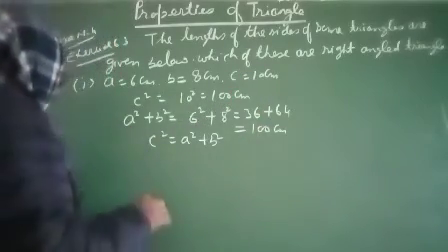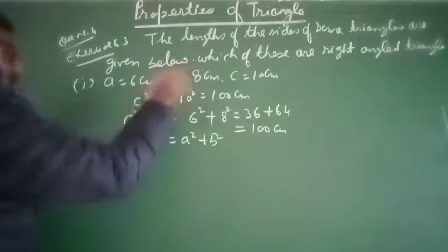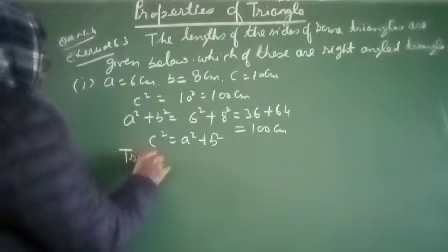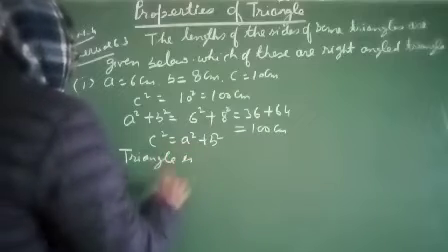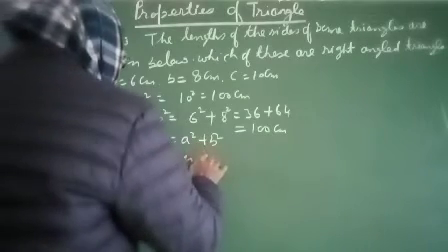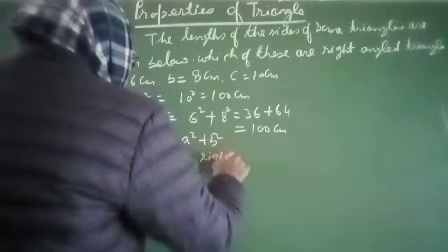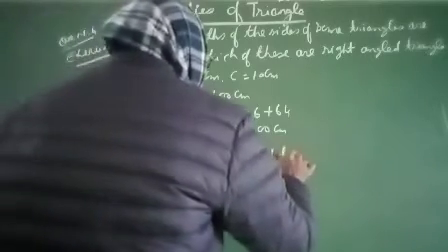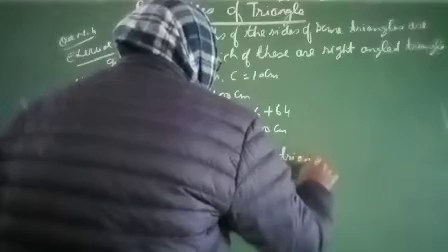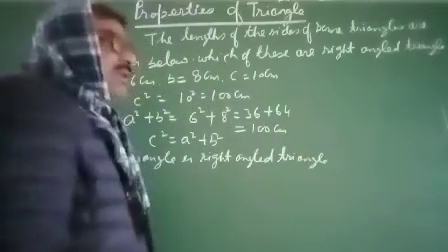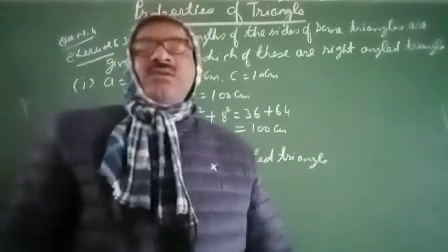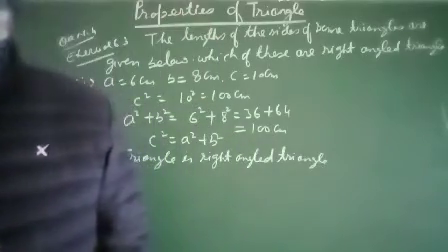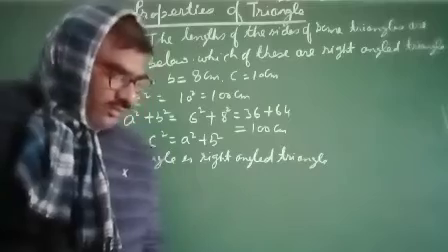So by the converse of Pythagoras theorem, the triangle is a right angled triangle. So dear students, I hope that this is clear to you. Now I will explain the next question.